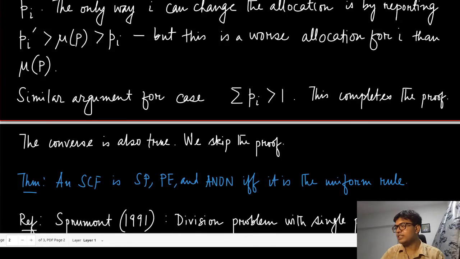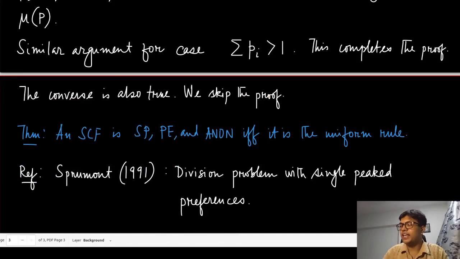So that is essentially the proof where we show that this mechanism, this uniform rule mechanism, is strategy proof as well.